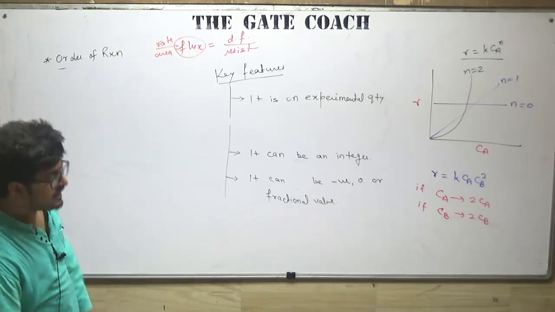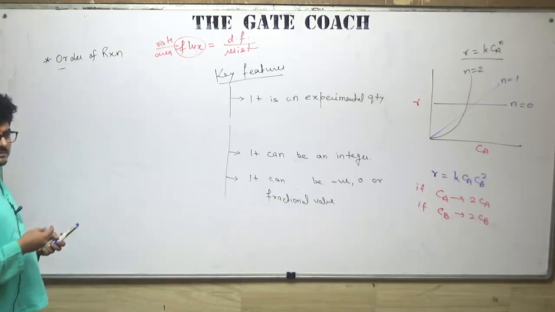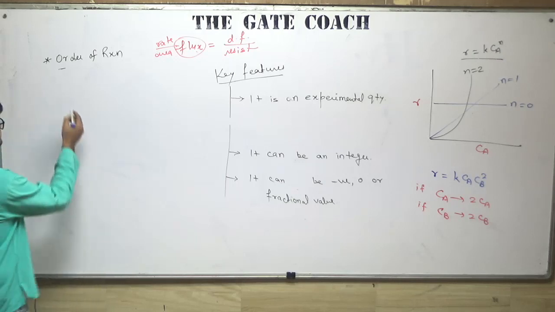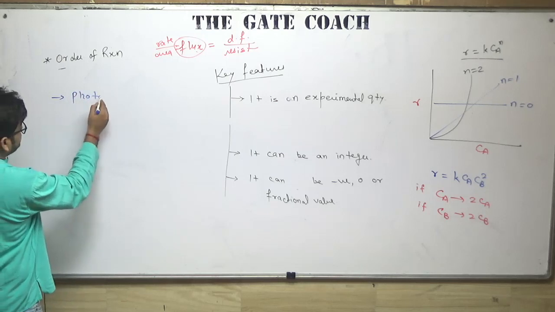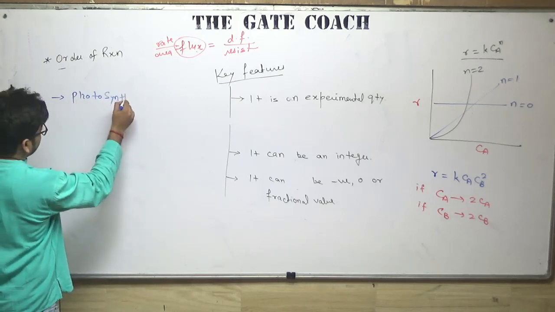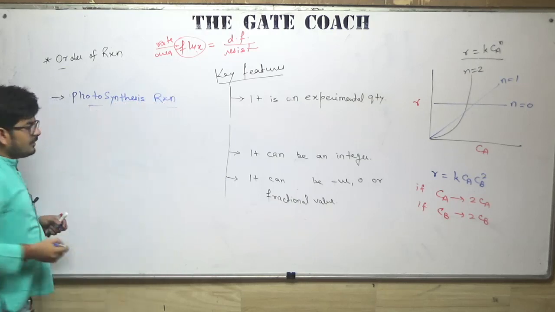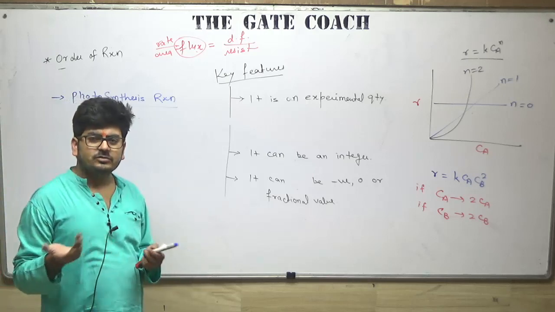If you want to write the examples, then I am writing few examples. Further you can add n number of examples by yourself, like photosynthesis reaction. What is photosynthesis reaction? Reaction between CO2 and water.